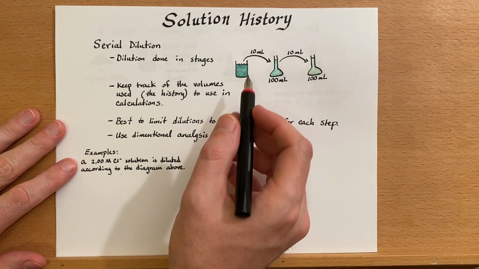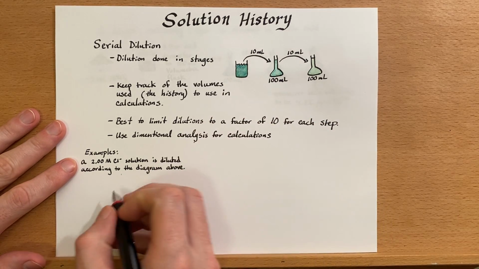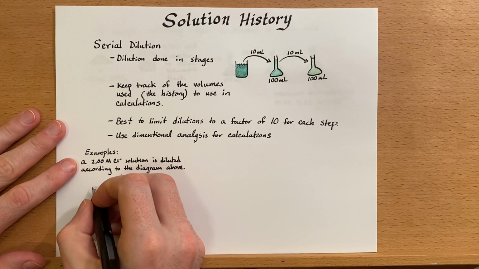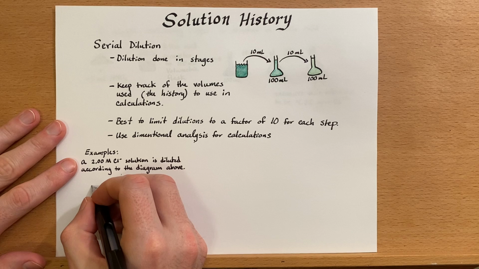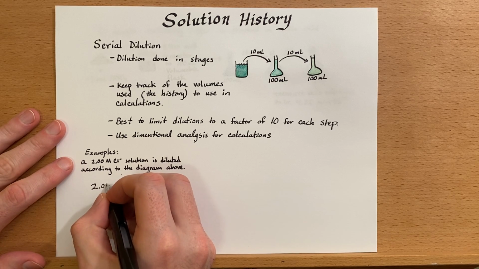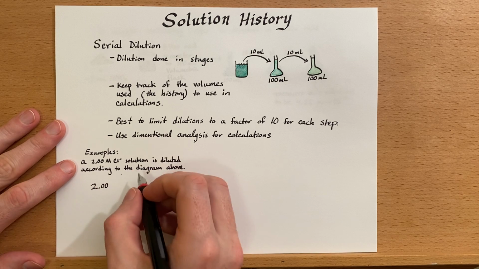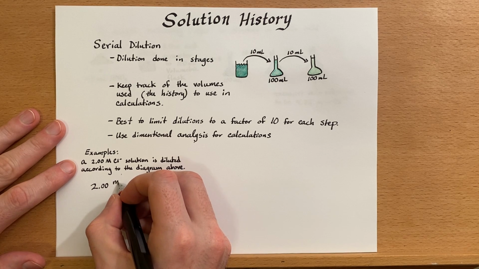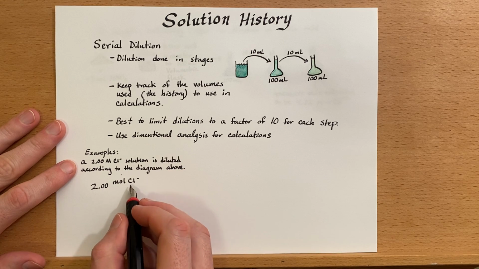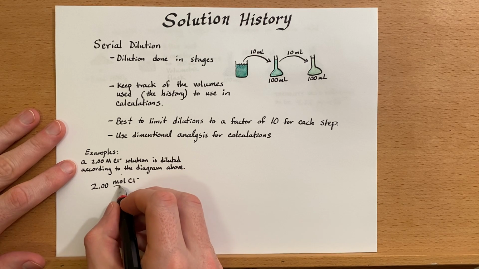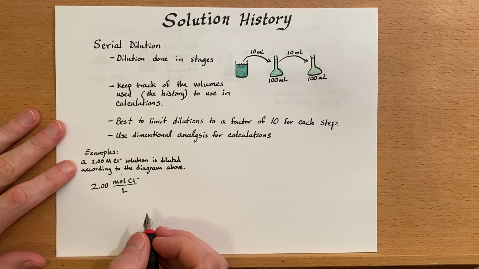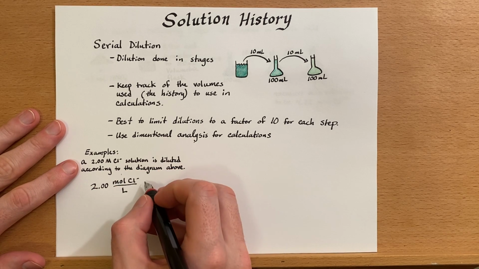So I've taken 2 molar, so I'm going to start with that because that's what I know. And I'm going to say 2.00, because that's what it is here, moles of chloride over liters. So that's what molarity is.